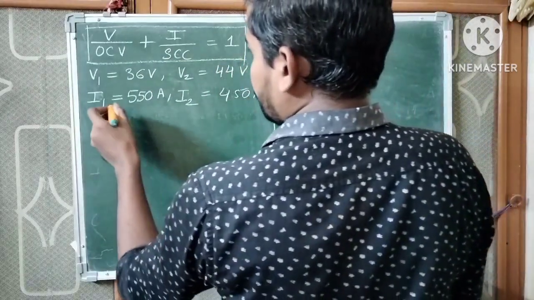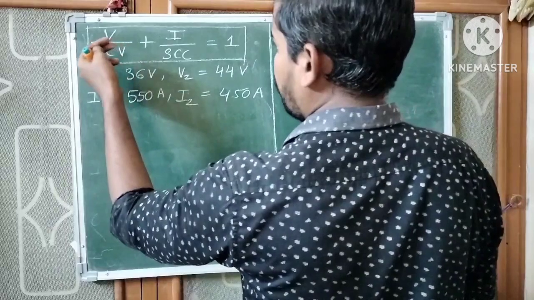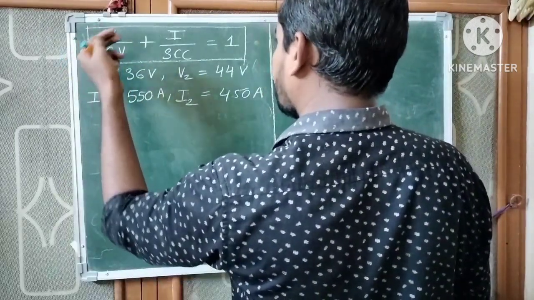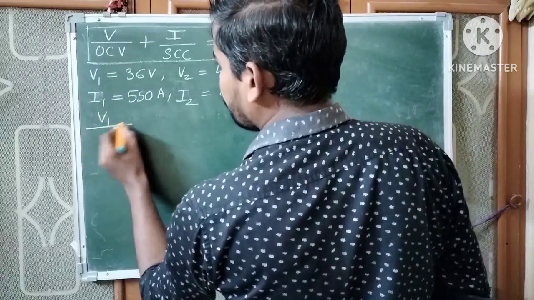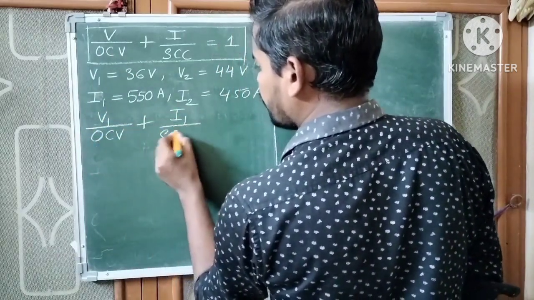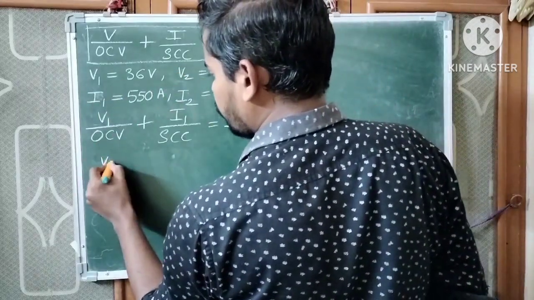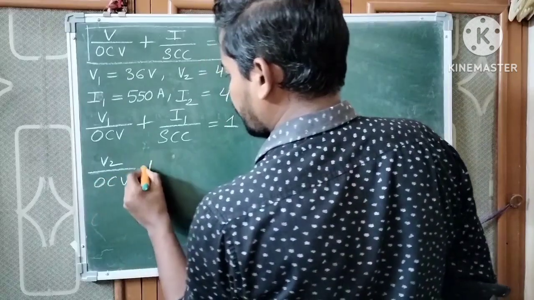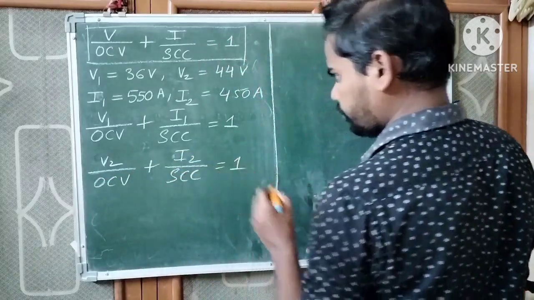Now we can write two more equations from this formula. Using V1 and I1, we can write V1 by OCV plus I1 by SCC is equal to 1, and using V2 and I2, V2 by OCV plus I2 by SCC is equal to 1.